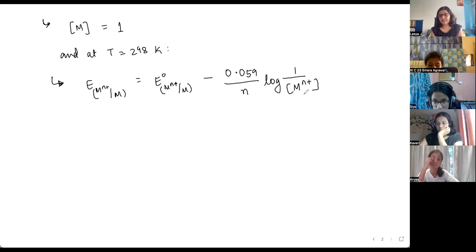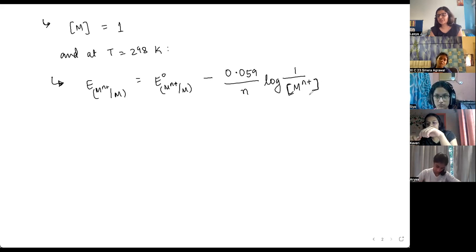So here there are two variables essentially: the concentration of the solution that you're taking, and the number of electrons involved in that reduction process. That's the only information you need. Plug the values in directly, and then you can find the unknown.